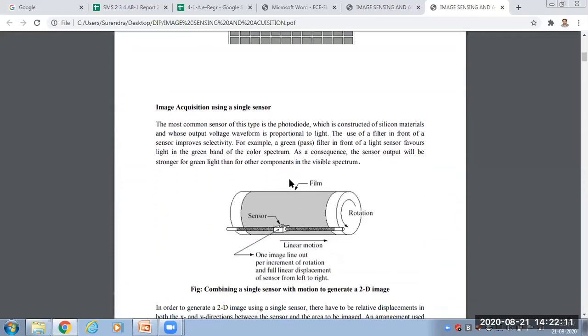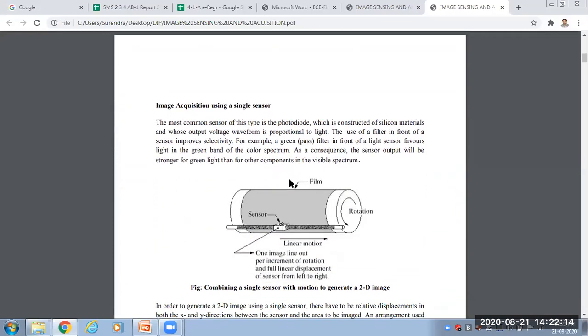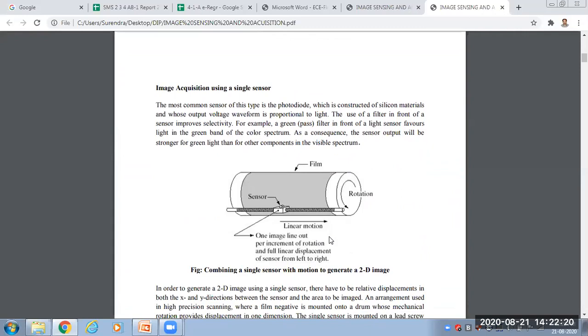And most probably, image acquisition using a single sensor is generally done with the help of film. If one film is rotating like this, there is a sensor, and the sensor is connected to a rod.